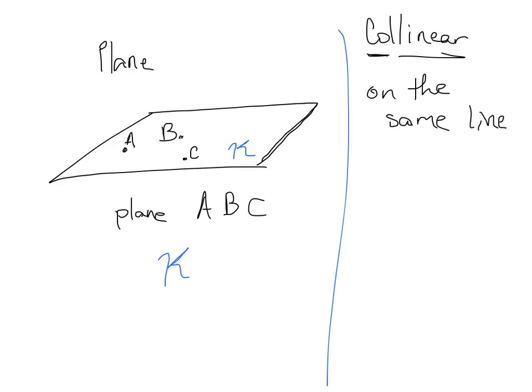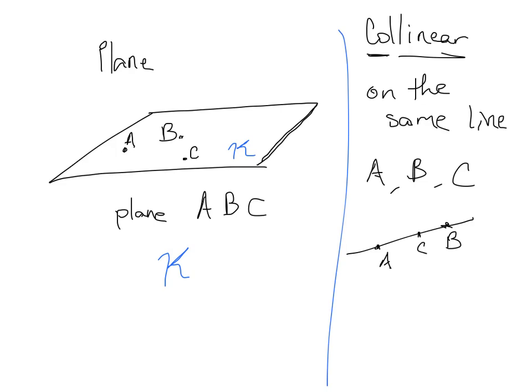If I say A, B, and C are collinear, then if A is here and B is over here, C can't be over here. No, no, no. C has to be somewhere on this line, anywhere on this line. So let's just stick it somewhere here.